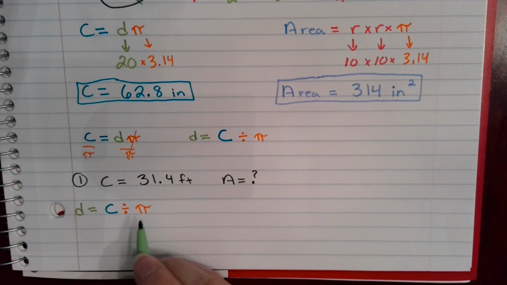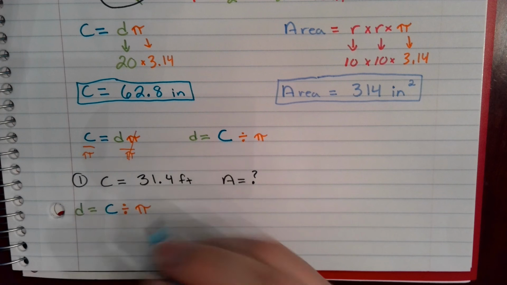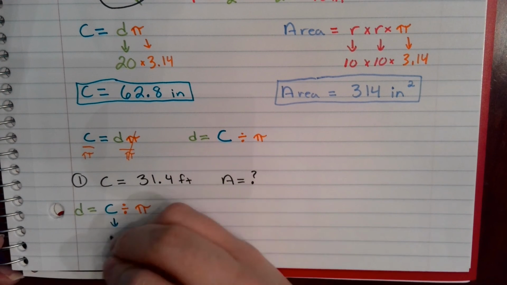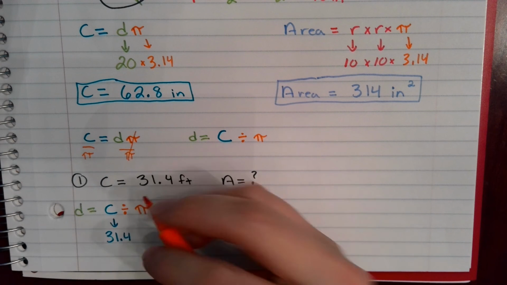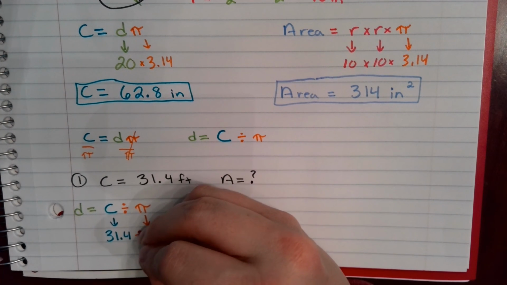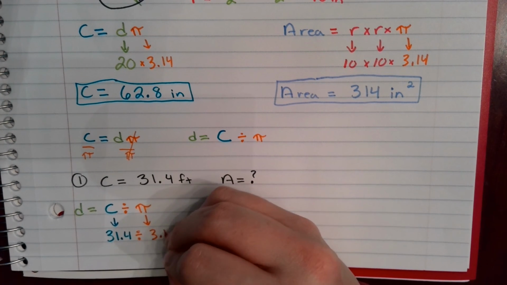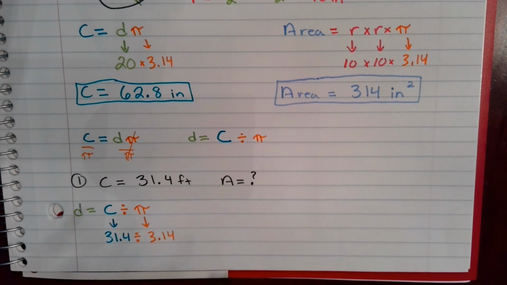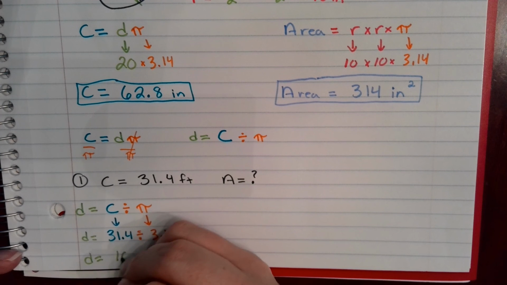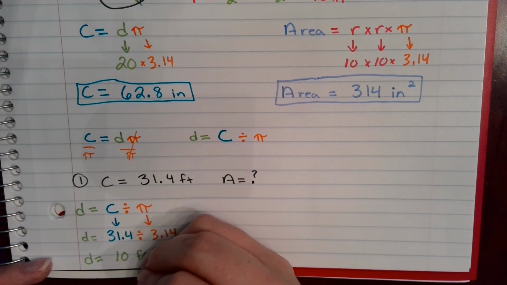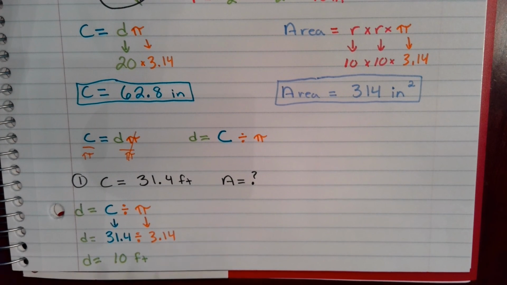So circumference divided by pi will work backwards, doing an inverse, to give me my diameter. So I'm going to take circumference, 31.4, and divide it by 3.14, and that's going to give me a diameter of 10. So my diameter is 10 feet.